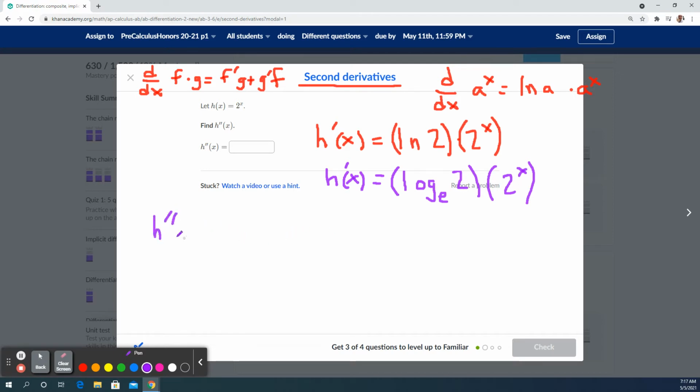h double prime. So this is also a representative of a second derivative of x. All right, so we just apply the derivative one more time. The derivative of the first. So let me put this in my side work right here, or my notes to reference.